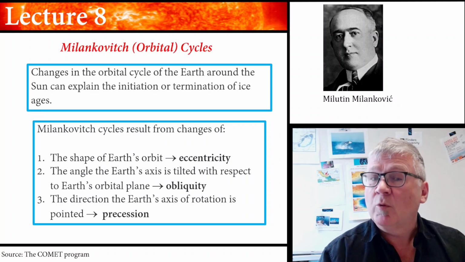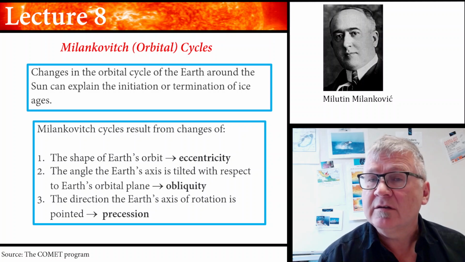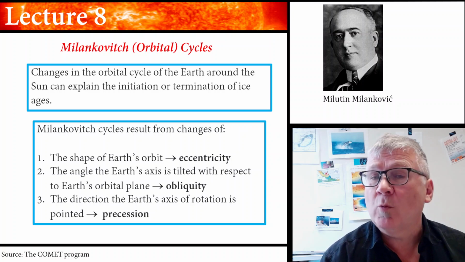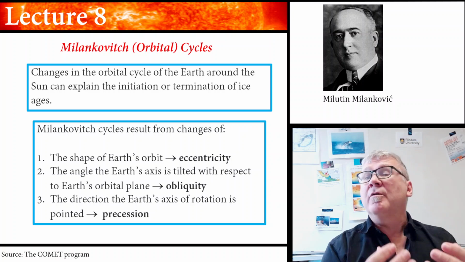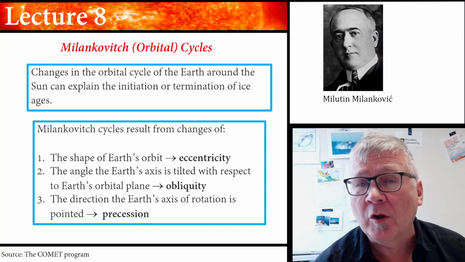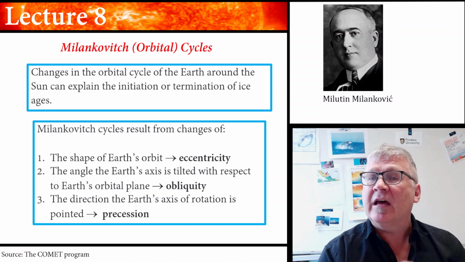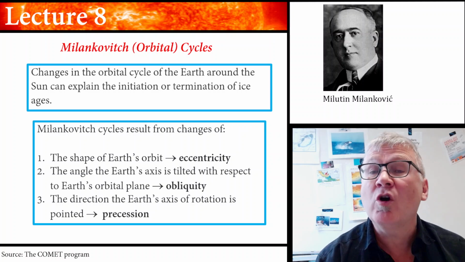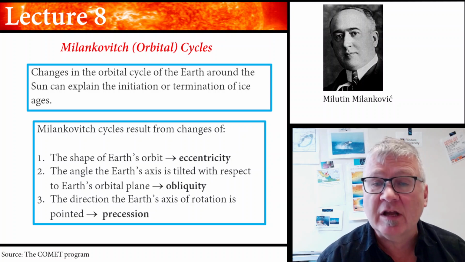What we mean by initiation is a heat flux anomaly that triggers a warming, and that then sets off a number of chain reactions that we call climate feedback mechanisms that drives the climate into a different state. We will talk about climate feedback mechanisms in a future lecture.